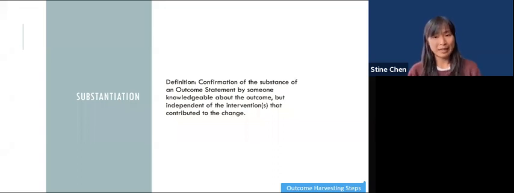And to substantiate the outcome statements, typically, as mentioned, testimonies and feedback are obtained from third parties, with third parties here meaning someone outside of the program. And most often it will be difficult to verify all of the outcomes, because throughout the program period, you might have hundreds of outcomes.